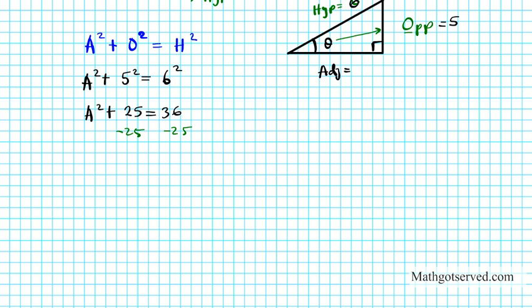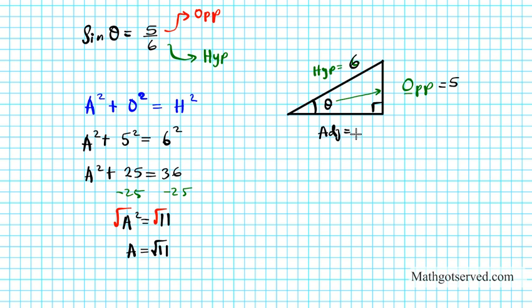That leaves us with A squared equals 11, and then you take the square root of both sides, and we have A, the adjacent, equals the square root of 11. So over here, we're just going to put the square root of 11 as the adjacent.